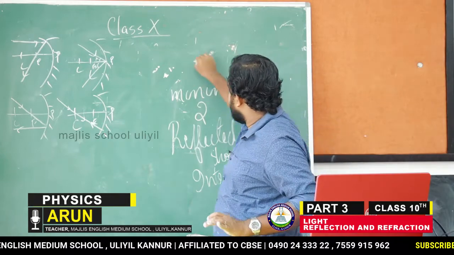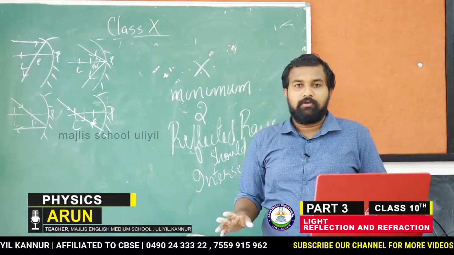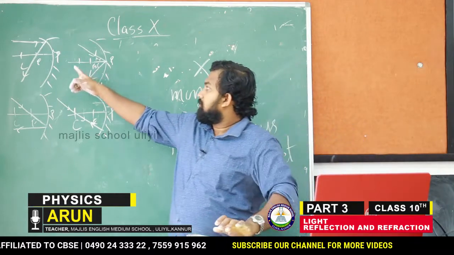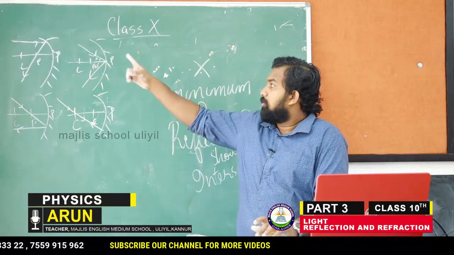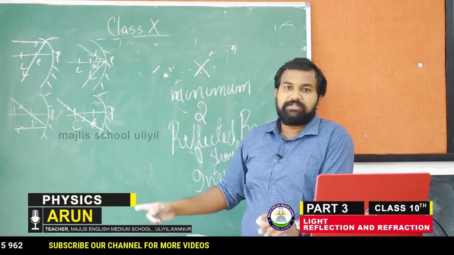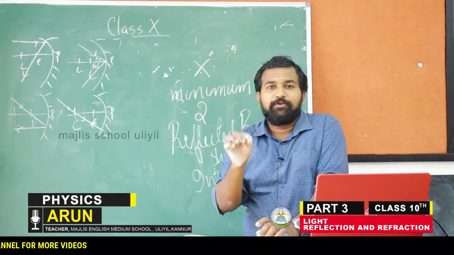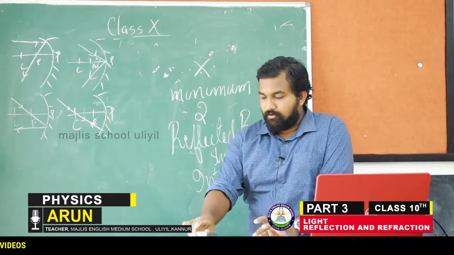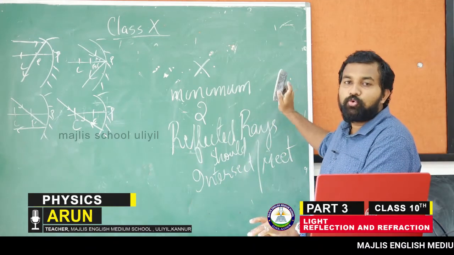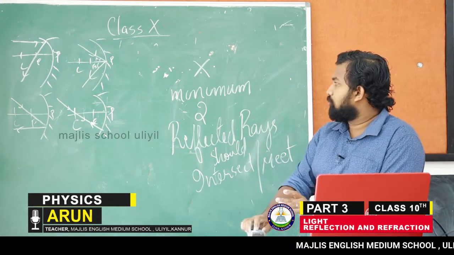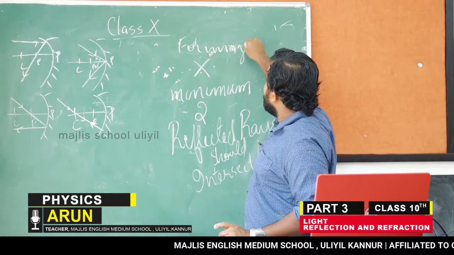Very, very important. If you understand this, then the image formation is clear. That means at least two reflected rays should meet, and that meeting point will give you the image. Note this down: minimum two reflected rays should intersect or meet for image formation.